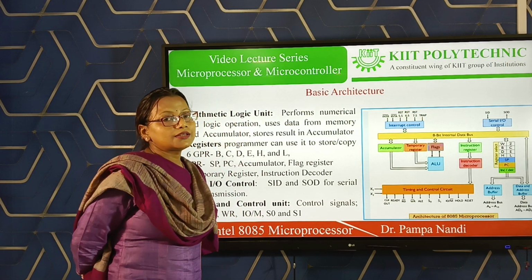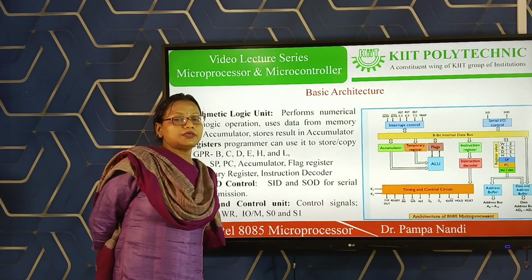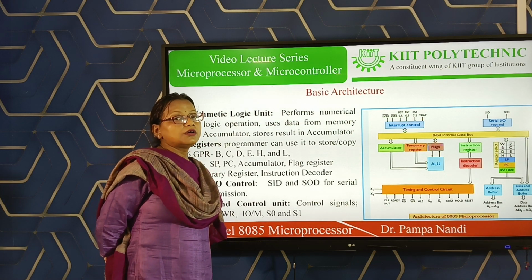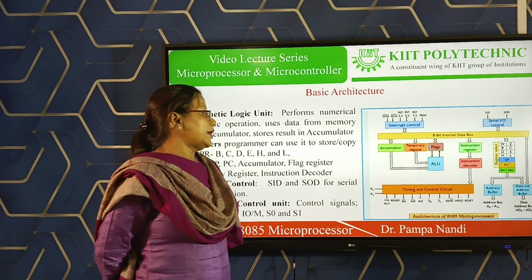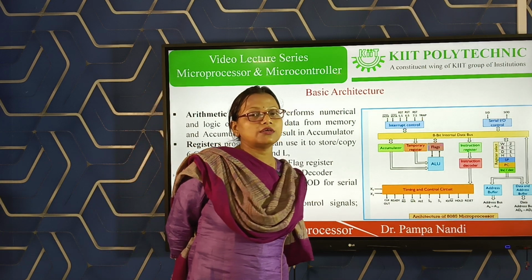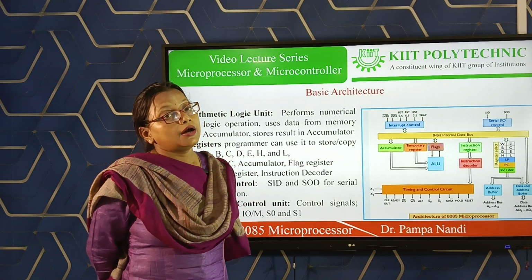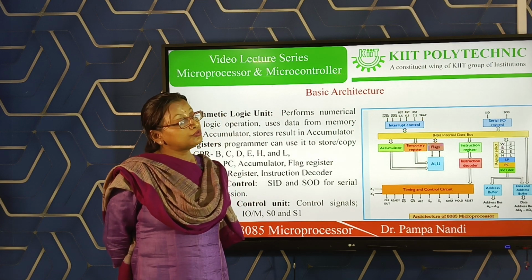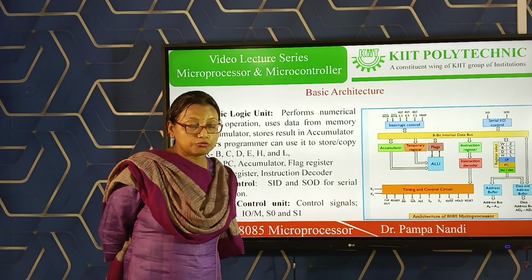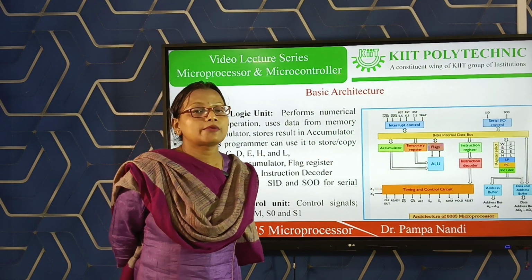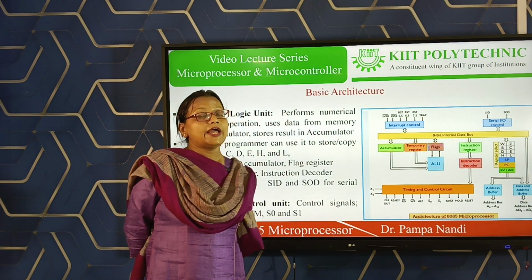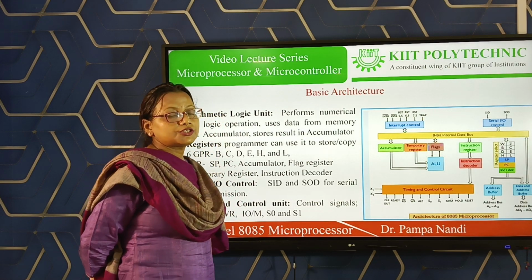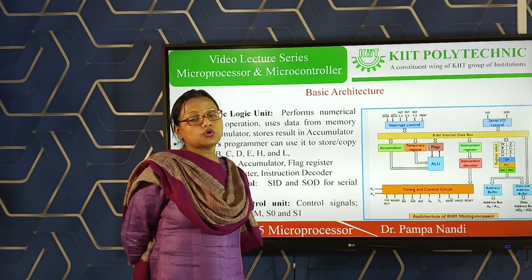So what is the function of the ALU? When you send some data to the ALU, it can perform arithmetic operations like addition and subtraction. And one more thing you keep in mind: in 8085 there is no direct command for multiplication and division. Through the ALU, the 8085 microprocessor can perform only addition and subtraction, increment and decrement, and logical operations like AND, OR, NOT, complement.